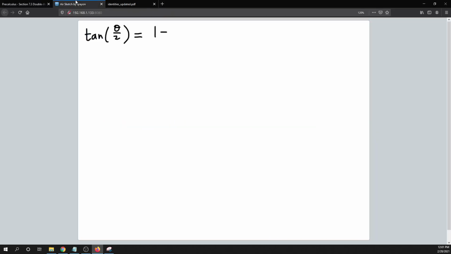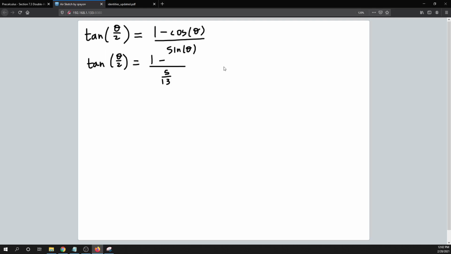So that would be 1 minus cosine theta over sine theta. And I know that the sine is 5/13. All I need to do is find the cosine and then simplify this out, and I will be okay.